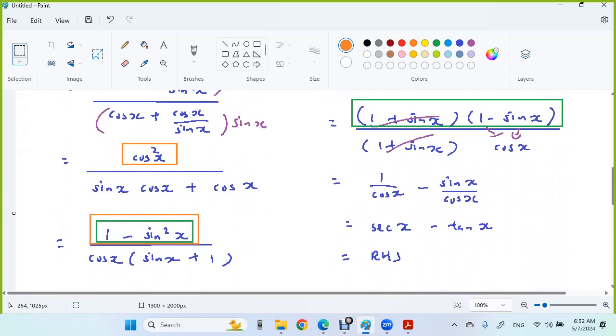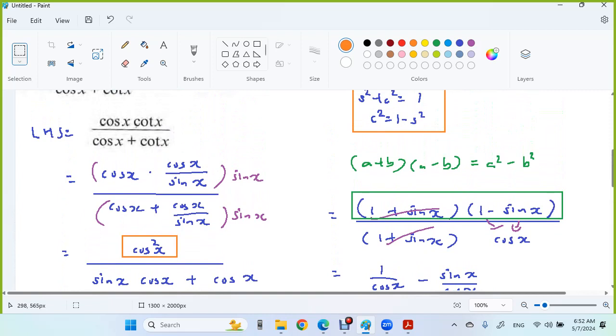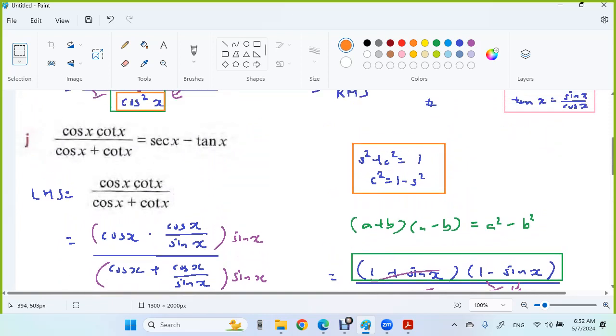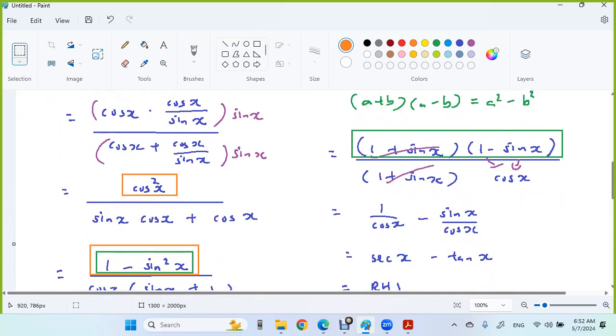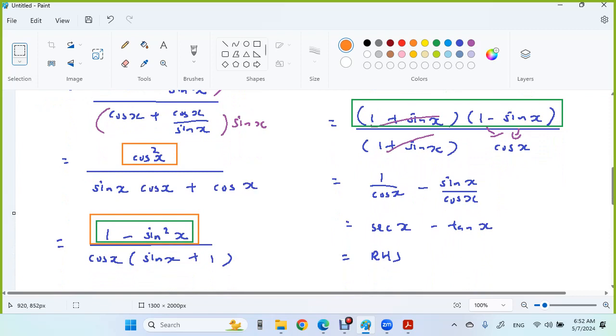So after I change this become 1 minus sine square, then I can change this one become the 1 plus sine, 1 minus sine, then I can cancel, then follow this, then I can get the answer. Okay, so because I look at the right hand side is the secant x minus tangent x, that means I will have 2 terms above and 1 term below at the denominator part. That's why I do it this way. So that's all for question number 3.